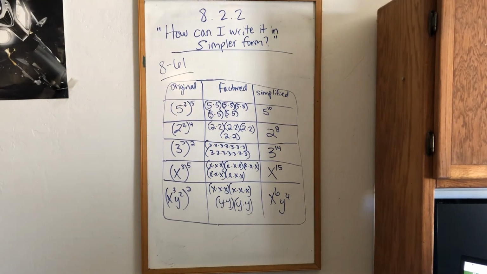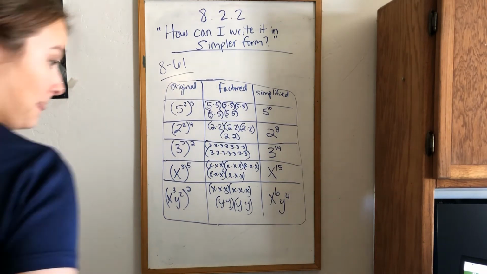So that is the pattern. The pattern I think I wrote out is when an exponent is being raised to a power, multiply the exponents together. So that's the pattern.